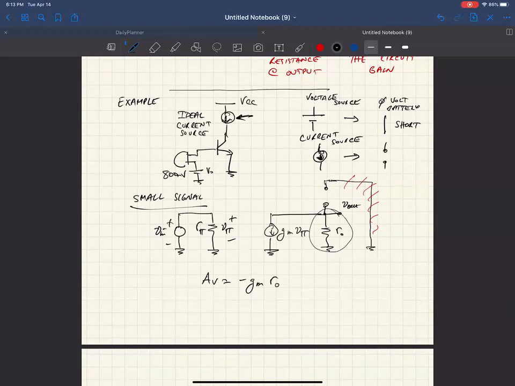Okay. And so what this says is that there is a maximum gain that a particular transistor can have. There's a word for it called the intrinsic gain of the transistor.